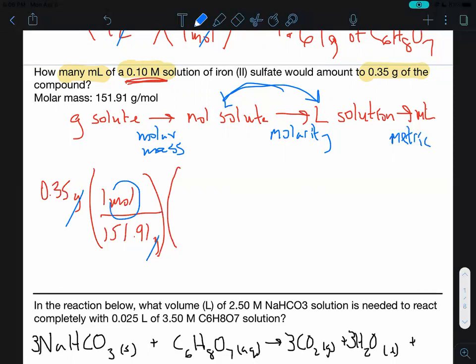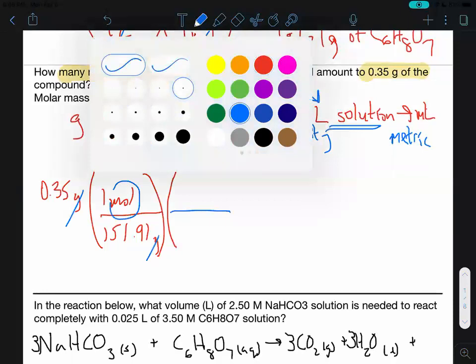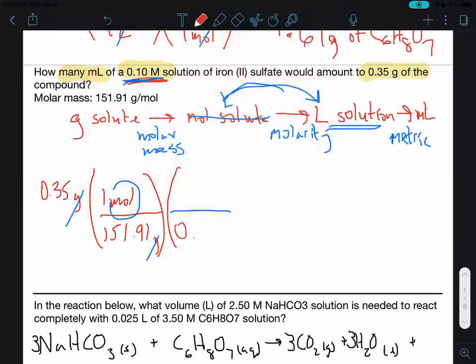We want to cancel out moles, and we want to get to liters, right? So let's write 0.1 on the bottom, 0.10 moles in 1 liter. If I solved here, that would give me liters of solution.